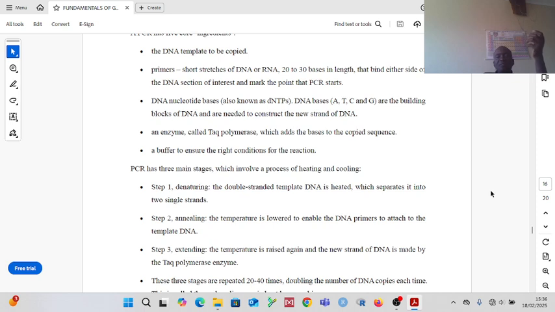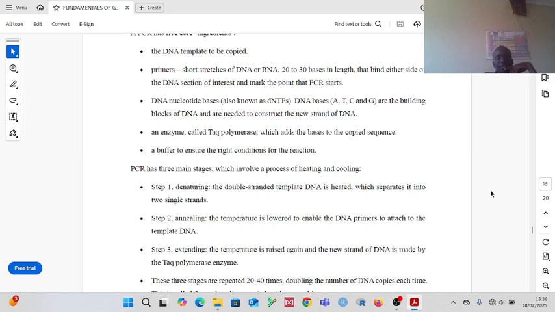What the Taq polymerase will be doing now is adding the dNTPs, the DNA nucleotide bases. As it adds them, it ends up extending the new strand of DNA.